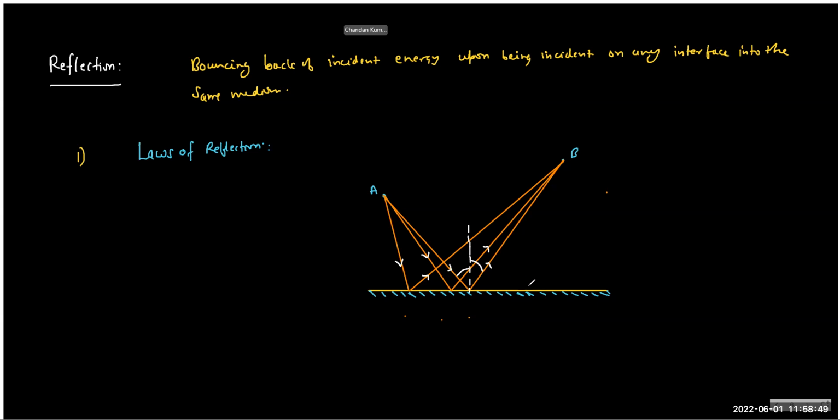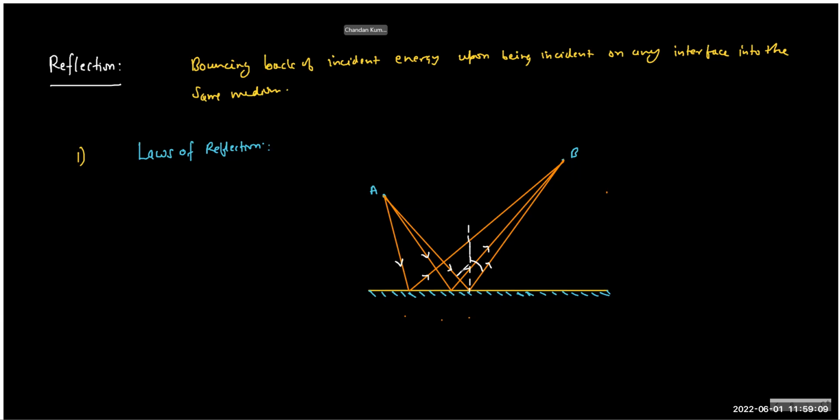See, to go from A to B through reflection, we have infinite paths actually. So out of infinite paths, which path will the light ray choose? That's the question.